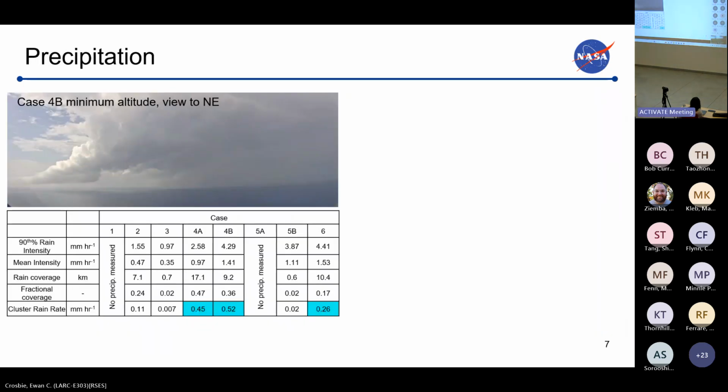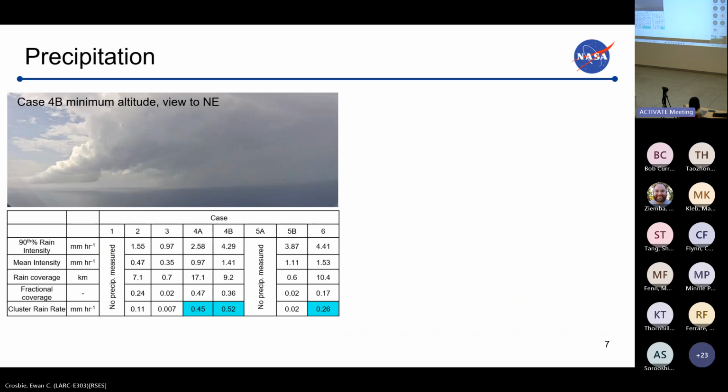Okay, I'm going to talk a little bit about precipitation, since that was one of the leading hypotheses for what's happening here. This is a summary of all the precipitation measurements for all 6 cases, and there are some caveats based on using the in situ data. We didn't have the benefit of radar, so we had to do our best to understand what the coverage of precipitation was for each of the cases.